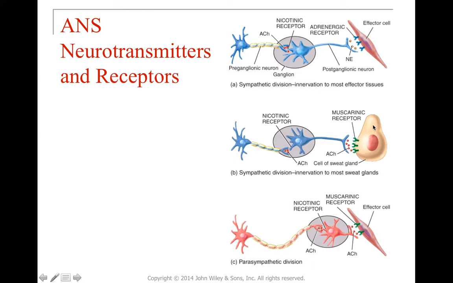And one of the ways that you can remember this is because this is something that's going to happen when we have innervation to most sweat glands. And sweat glands can be kind of musky, right? It can cause an increase in sweating.